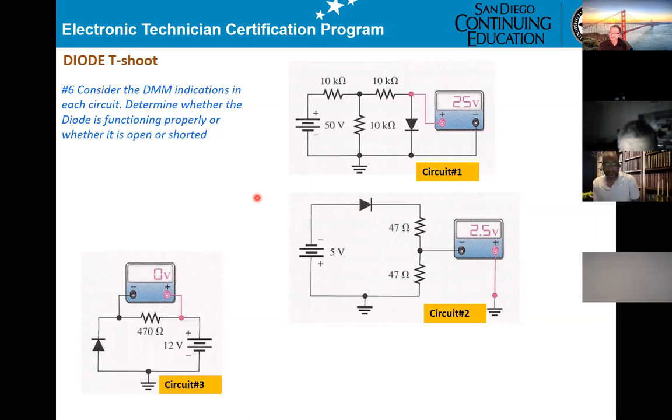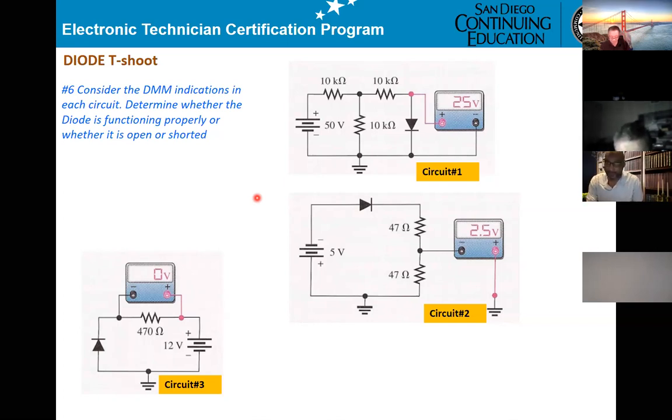The diode will be on, so you're supposed to get 0.7. However, when you take the measurement, you do not get 0.7. You get 25 volts. So the question they're asking is, is the diode on or off?